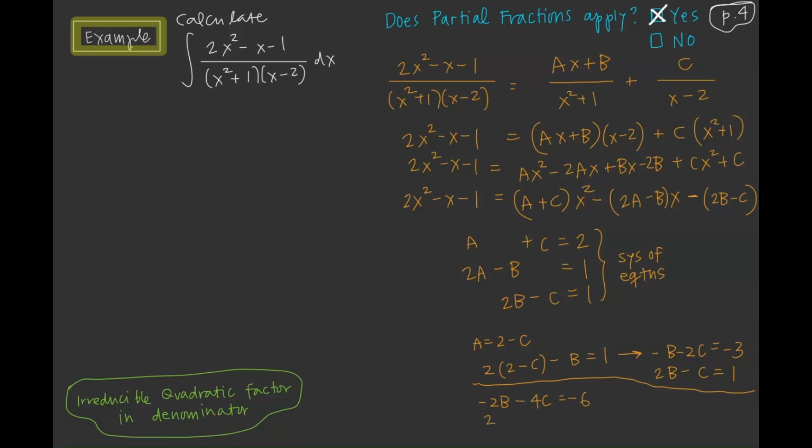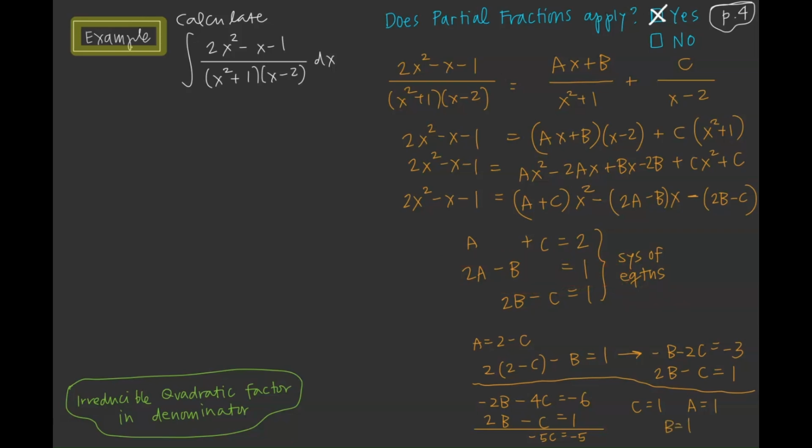And then this equation right here, I'll bring that along, 2b minus c equals 1, and add straight down so that I get 0 b's, but I have a minus 5c equals -5. Okay, so I know now that c equals 1, and that means that a equals 2 minus 1, so a equals 1. And so then I can use this 2a, which is 2, minus b equals 1, so that means that b equals 1.